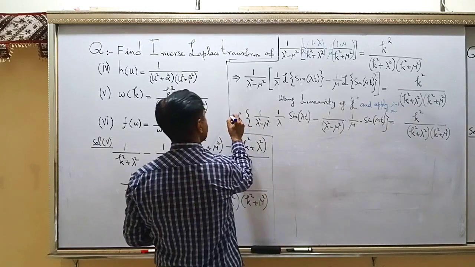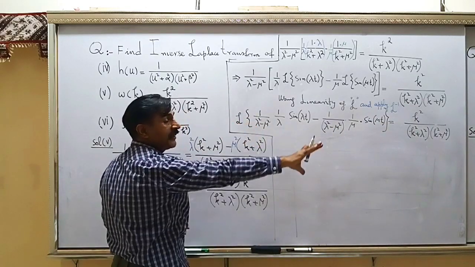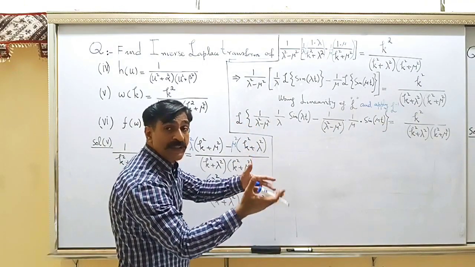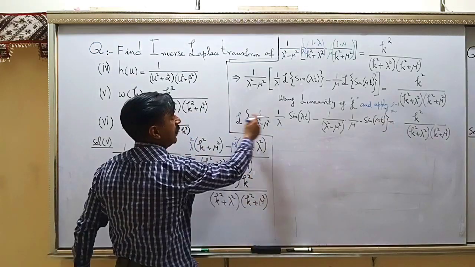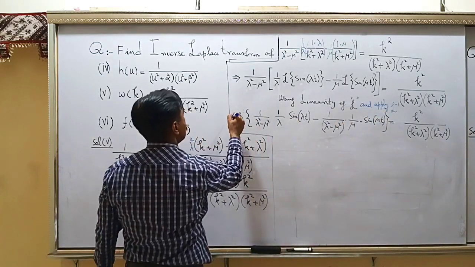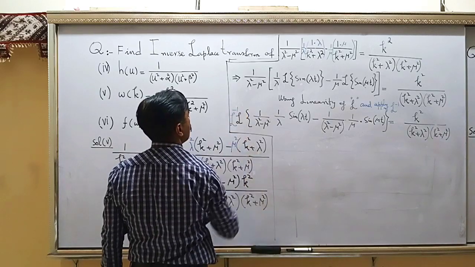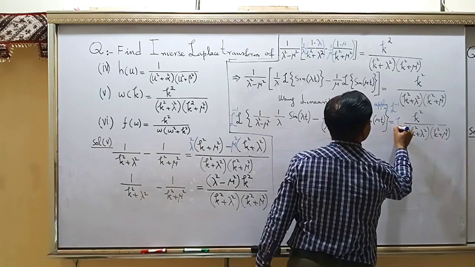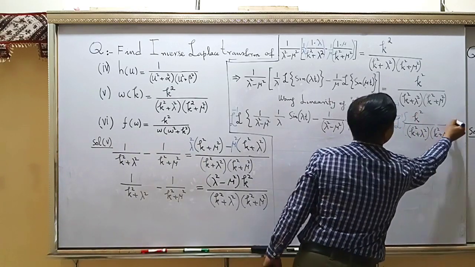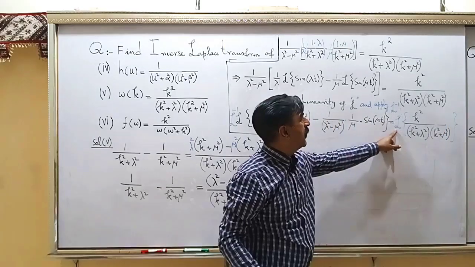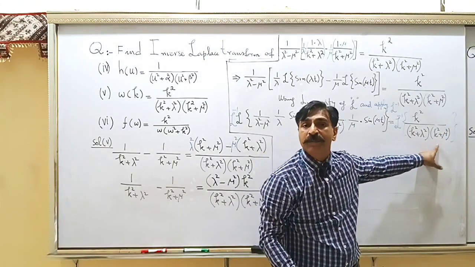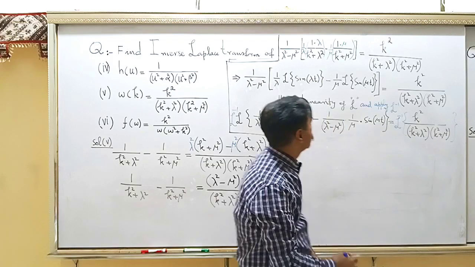When you have completed this step, then imagine you are doing the next step in this line, in the blue step. You have applied L inverse on the left, and you have applied L inverse on the right. And this is the inverse Laplace transform of your given Laplace transform, right?